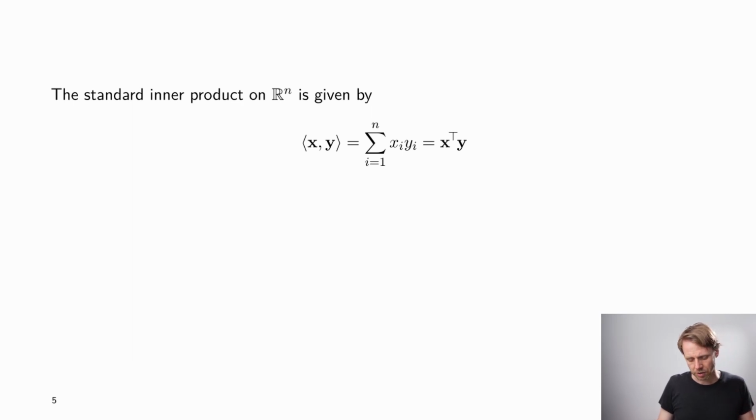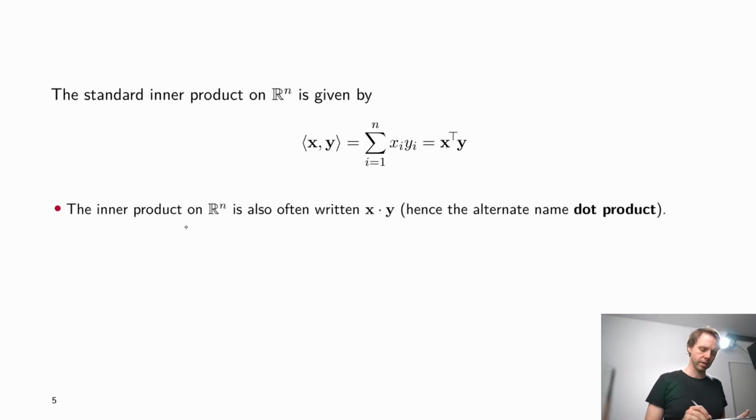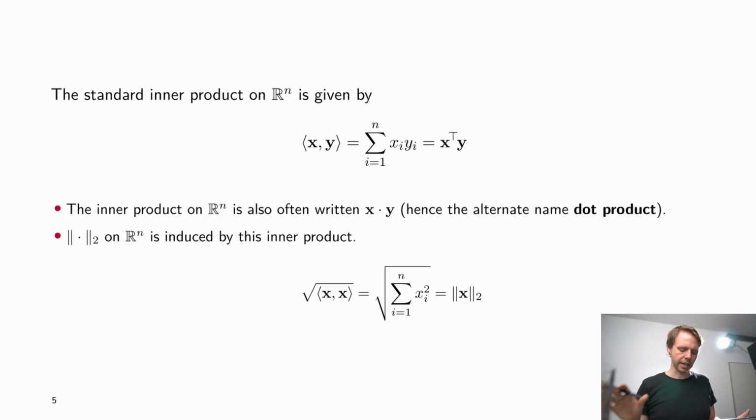For Euclidean space, so R to the n, the standard inner product is given by the sum over the products of the elements of the vectors, or written in matrix notation, x transpose times y. Similarly, it's also often written as x dot y, which is why it is also called dot product. And the induced norm by this inner product is the L2 norm in R^n.